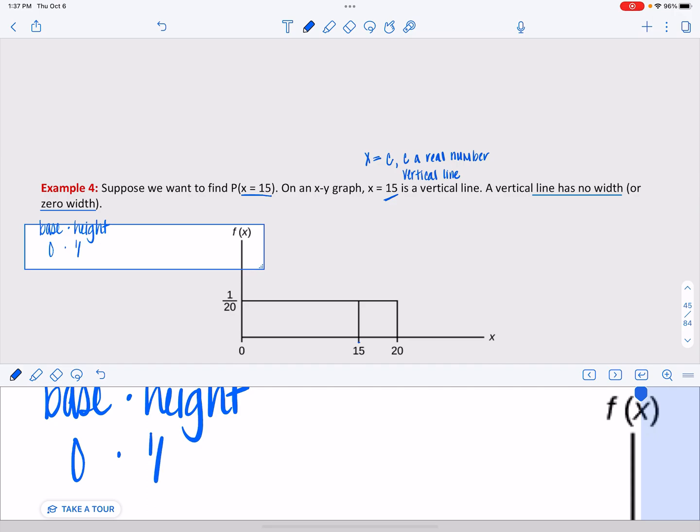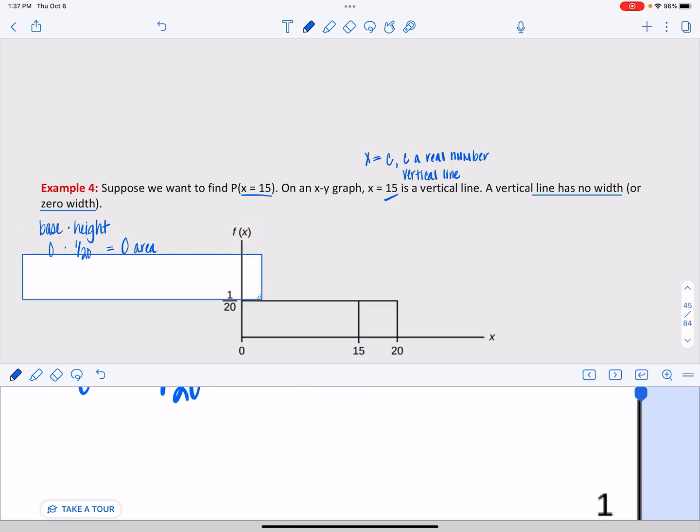My height is still 1/20. Now, long ago, in a galaxy far away, you learned that 0 times anything is 0. So the area where our vertical line exists has an area of 0.